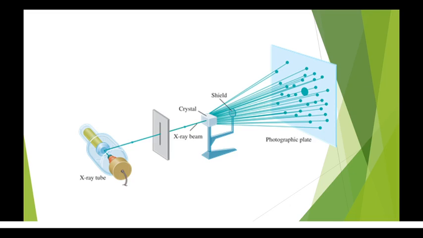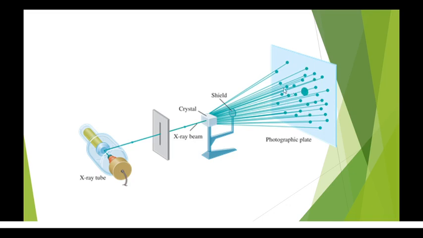So this is the apparatus for observing X-ray diffraction by a crystal. Here you can see an X-ray tube from which X-rays are incident on a crystal through a slit. So the crystal acts as the diffraction grating here, and from this the diffraction of X-rays occurs, and you can see the interference pattern on the screen.